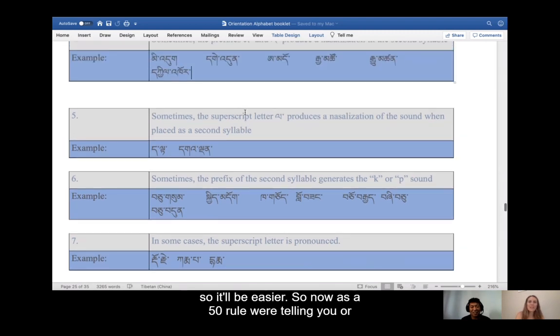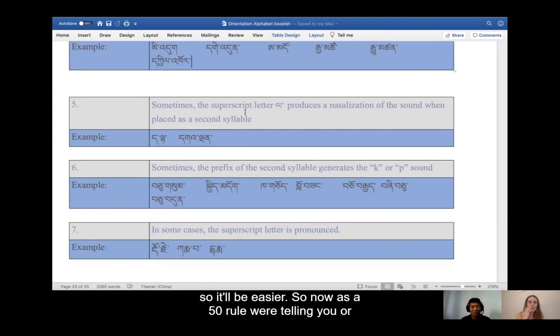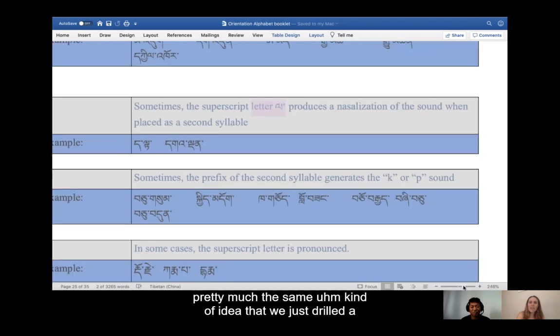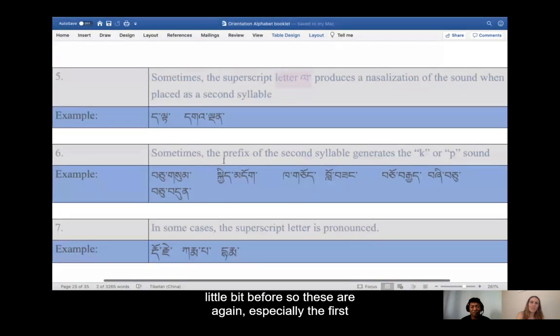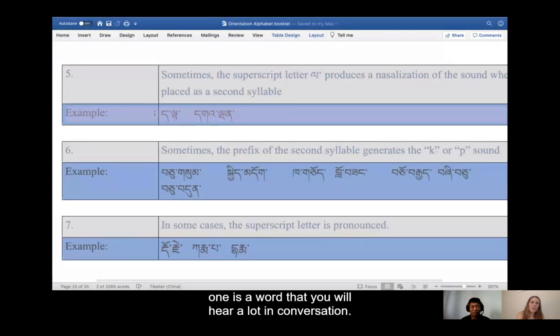So now, as a fifth rule, or exception, sometimes the superscript letter la can also produce a nasalization of the sound when it is placed as a second syllable. It's pretty much the same kind of idea that we just drilled before. Especially the first one is a word that you will hear a lot in conversation.